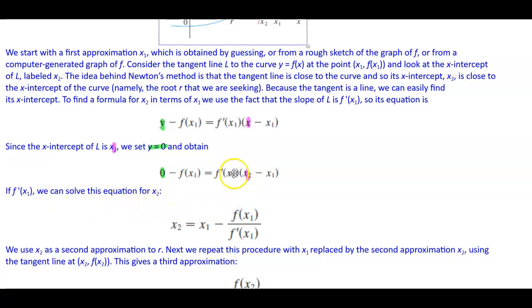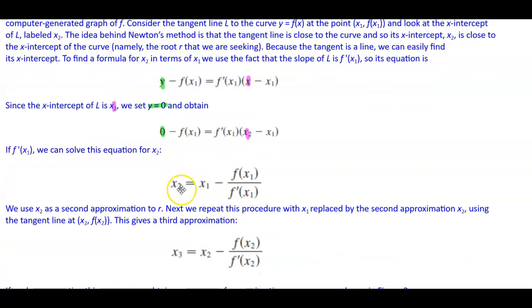We divide both sides by f'(x1), and then we add x1 to both sides. Therefore x2 = x1 - f(x1)/f'(x1).